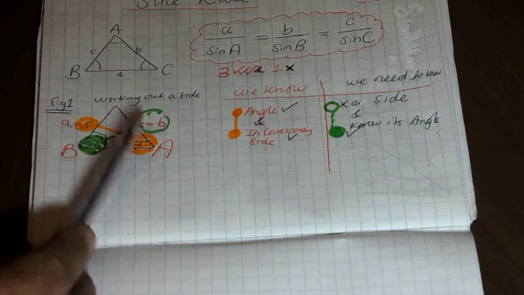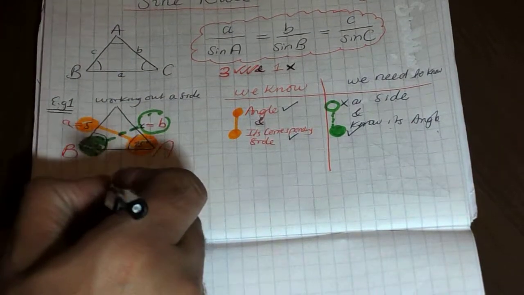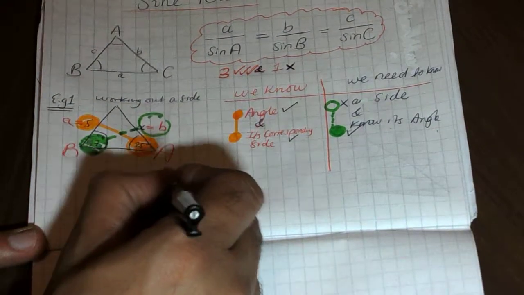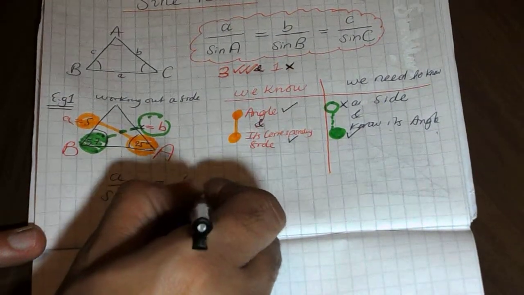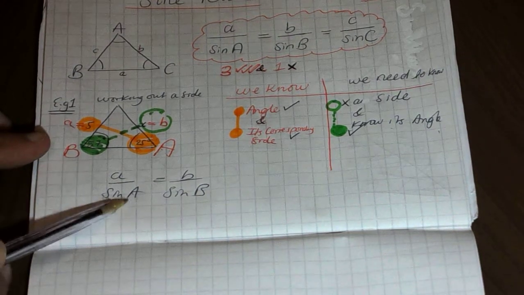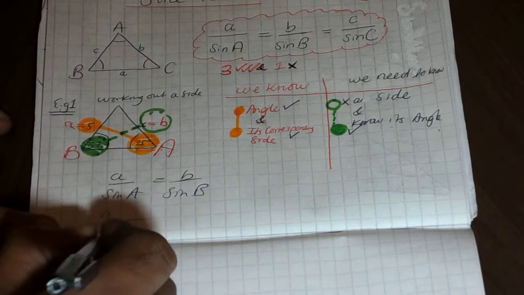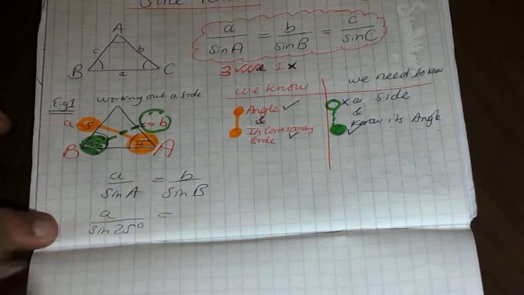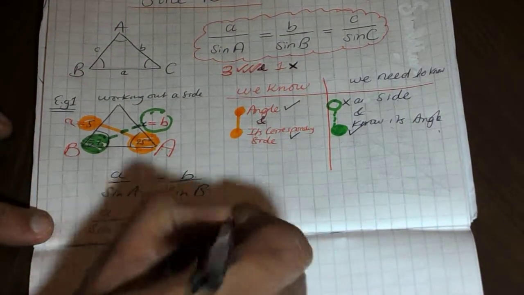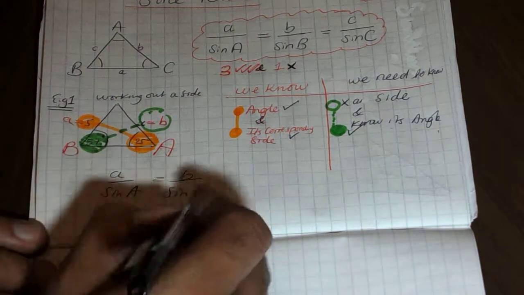So let's try to see if we can work this out now. Let's write down a over sine A is equal to b over sine of big B. So our little a is 5 and our big A is 25. So we say 5 divided by the sine of 25 is equal to our little b, which is the x that we're trying to work out, divided by the sine of big B, which is 57.